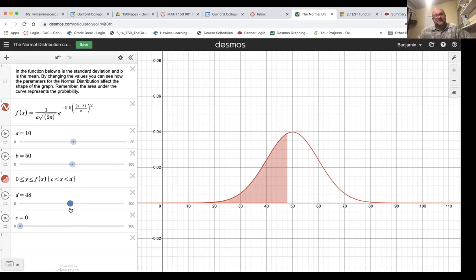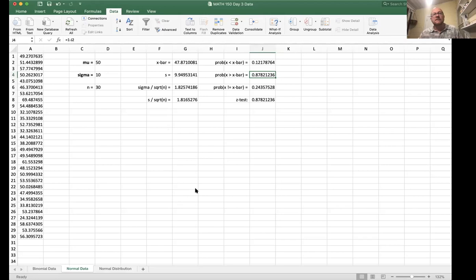In any case, we have something where the x bar we're getting is less than the predicted average, or the population average, and so we really wanted to think about a left tail. So that's the thing to keep in mind with what we're doing here.